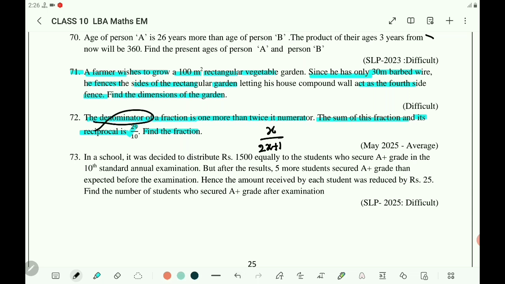Sum of this fraction and its reciprocal means x by 2x plus 1 plus its reciprocal 2x plus 1 by x equals 29 by 10.